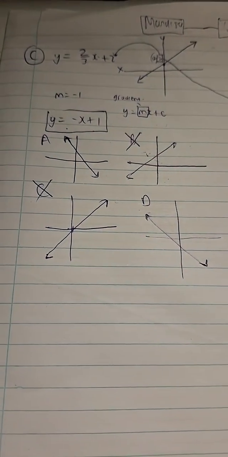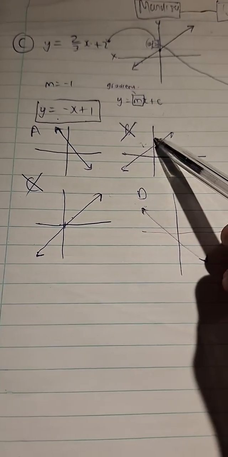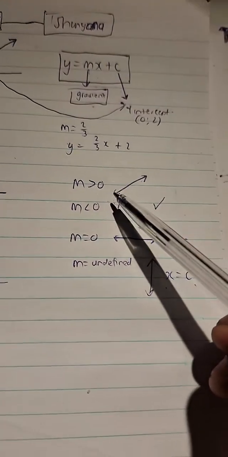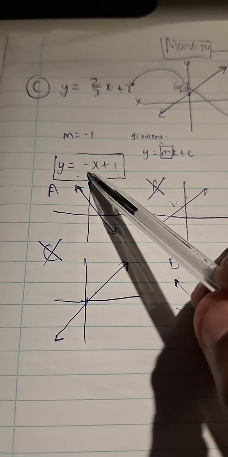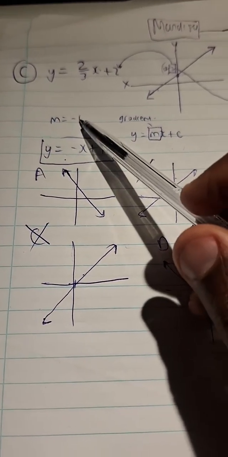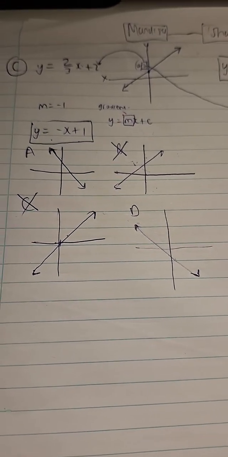Why can I cancel those options? Because these two options indicate straight lines that have a positive gradient, but this particular equation has a negative gradient. So that means A and D are the more suitable options.